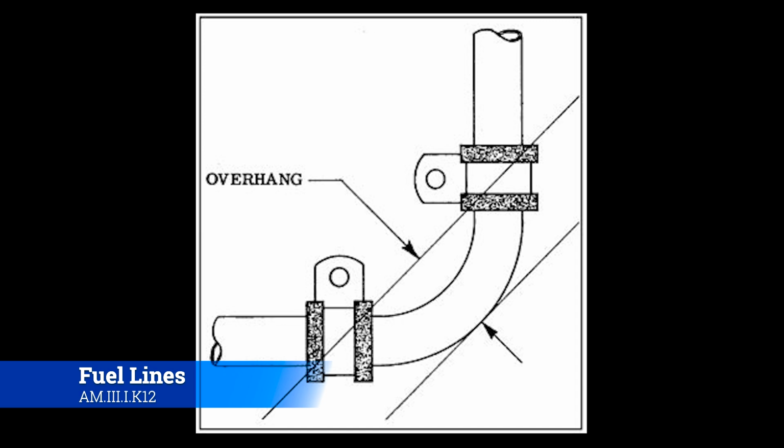Just like stress on a square window versus a circular window. So anytime there's a bend, back off to where you're out of that bend just barely, and that's where you want to put your clamps, if at all possible. Sometimes the environment won't allow that, but that's going to give that fuel line the most support possible.